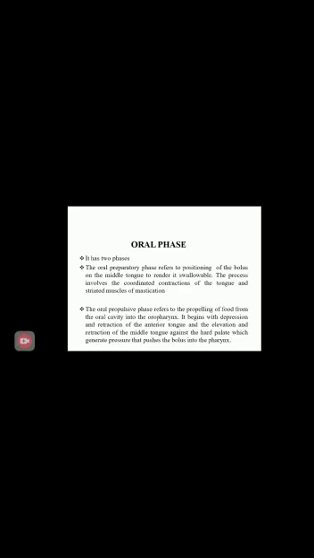It begins with depression and retraction of the tip of the tongue, and also the elevation and the retraction of the posterior part of the tongue against the hard palate. The consequent effect of all these events is that a pressure is generated that pushes the food bolus into the pharynx.